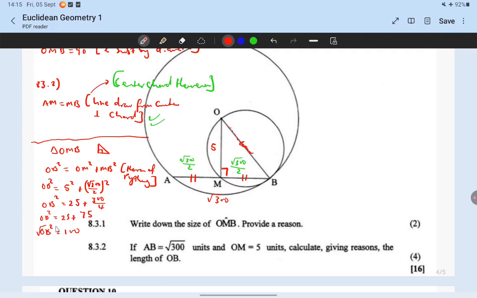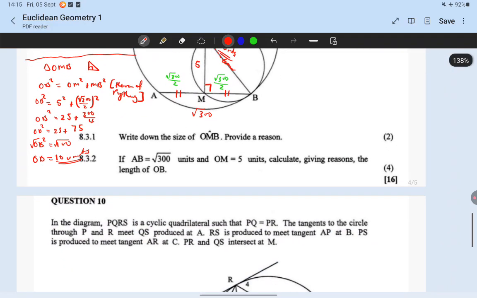So doing a square root there, which makes our OB equivalent to 10 units. So if I didn't make a mistake, this should be 10 units, as simple as that. So already again, we're having 6 marks for free.